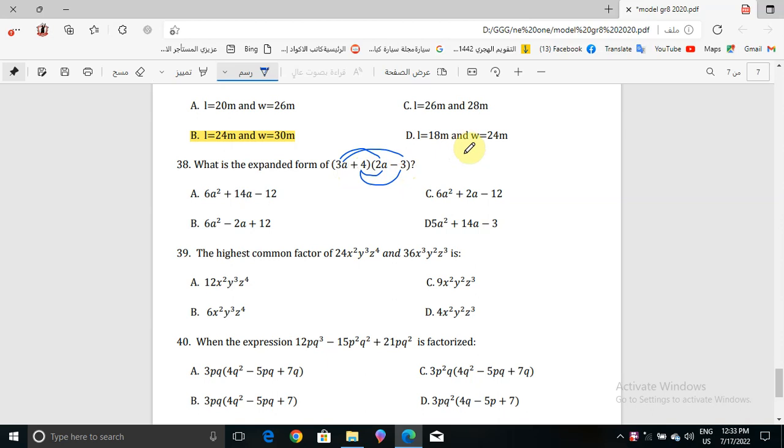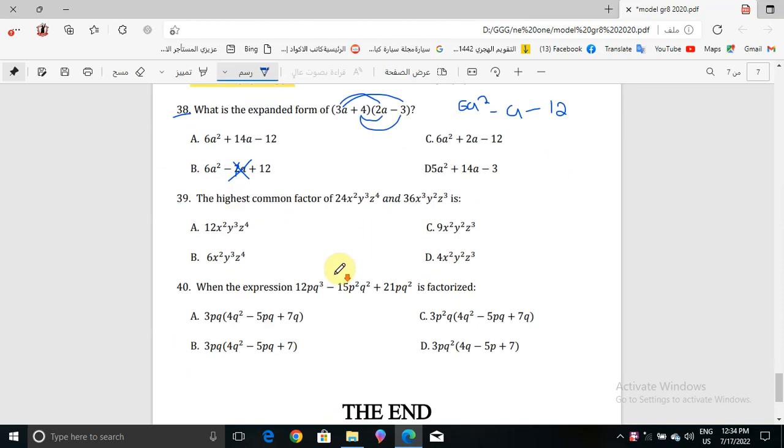Then you get the answer, which will be 6a squared minus a minus 12. But here it is not written. It should be like choice B, 6a squared minus a plus 12. No, not plus 12. This one also is not correct. So that means this question has a problem itself.